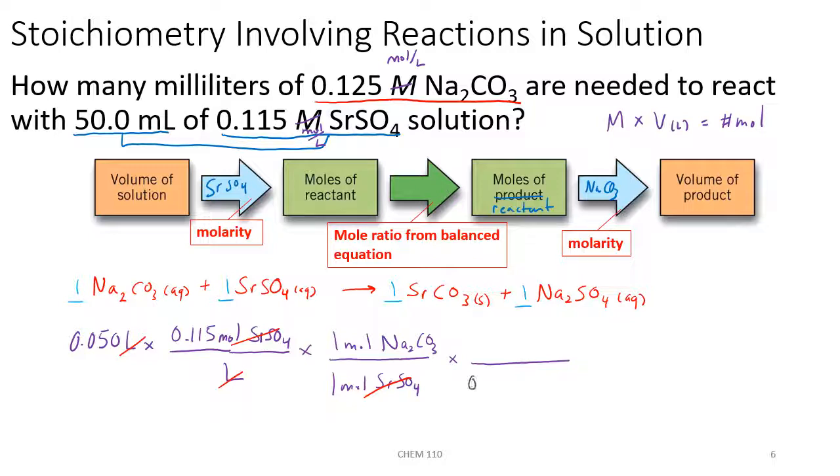Therefore, we're going to have to plug in the moles in the denominator, 0.125 moles per liter of solution. That way our moles of sodium carbonate cancel, and now we can convert our liters into milliliters. 1 liter is equal to 1,000 milliliters. So our liters cancel, and everything canceled but our volume in milliliters, which is what we were trying to get. Therefore, the milliliters that are required to react with the strontium sulfate are 46 milliliters of our sodium carbonate solution.